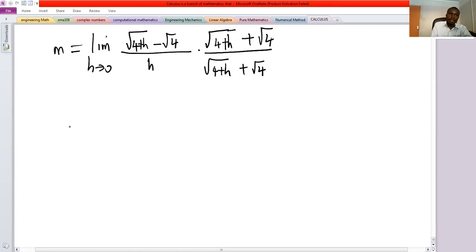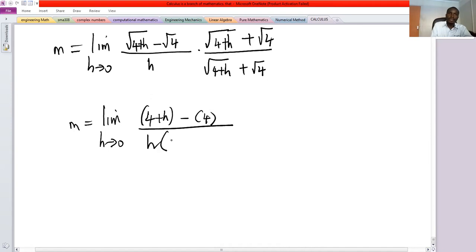This will give us m as the limit as h approaches 0. Now these are a difference of two squares, so the same as 4 plus h minus 4 divided by h into root 4 plus h plus root 4, and square root of 4 is just 2.